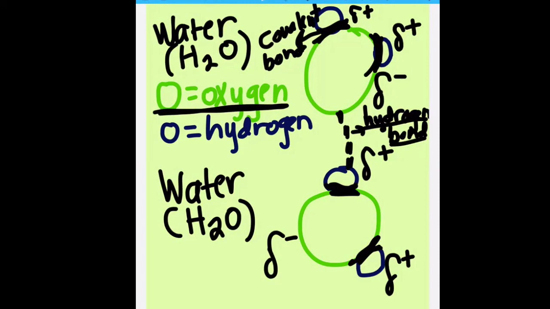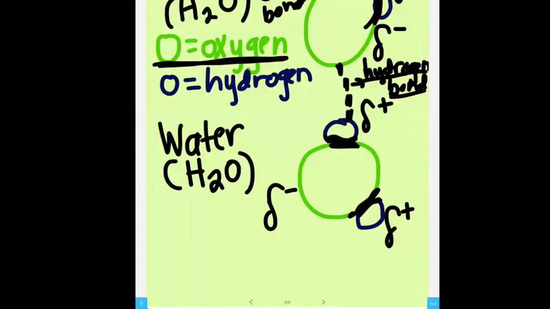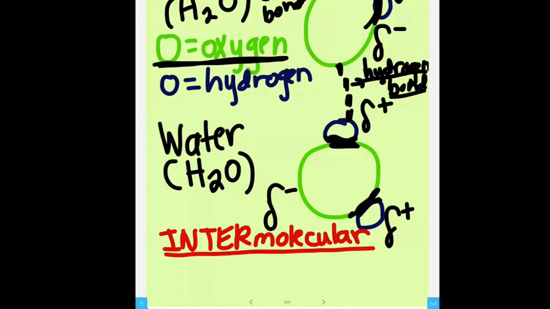So let's introduce some terminology in that case. A bond happening between molecules, where one water molecule has a bond with another water molecule, is called intermolecular forces. Intermolecular forces happen between molecules, and they're generally weak.